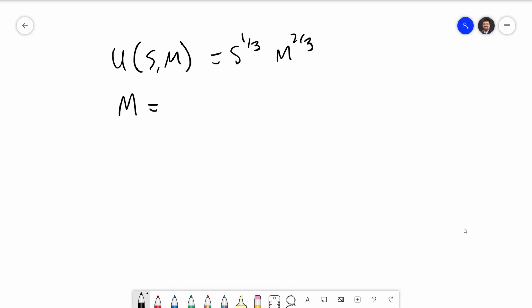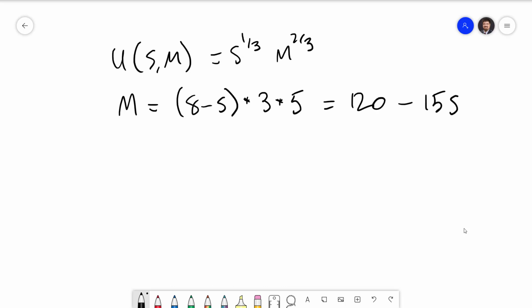Total income is going to be, again, 8 minus s, so the hours spent working. She can make 3 widgets an hour by working, and for each widget makes $5 of income. Let's multiply this whole thing out. What we get is 120 minus 15s.